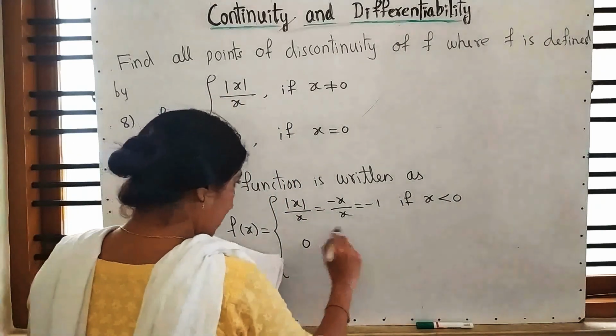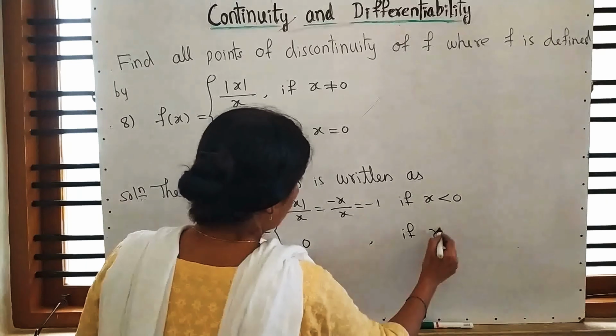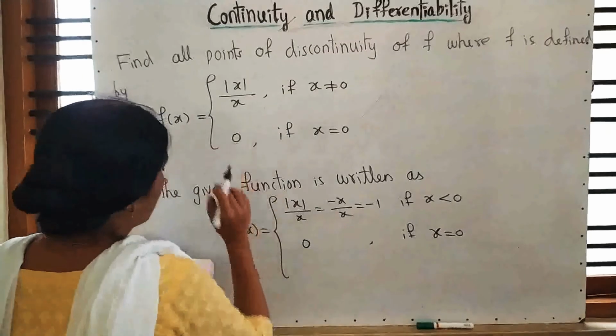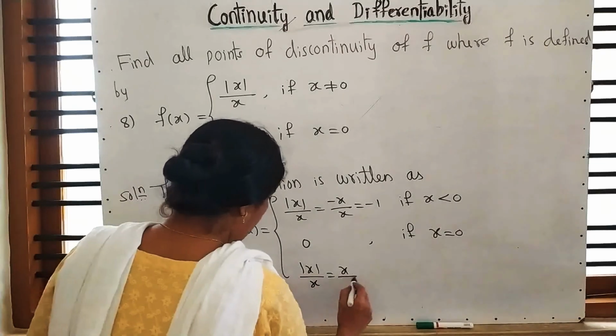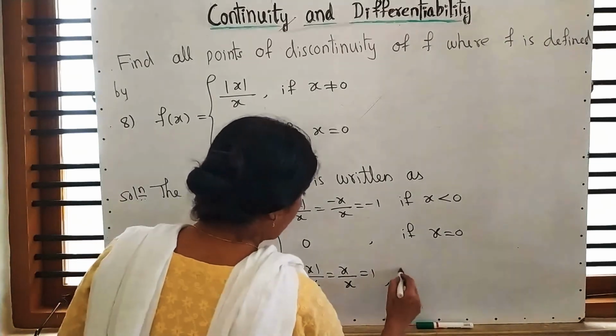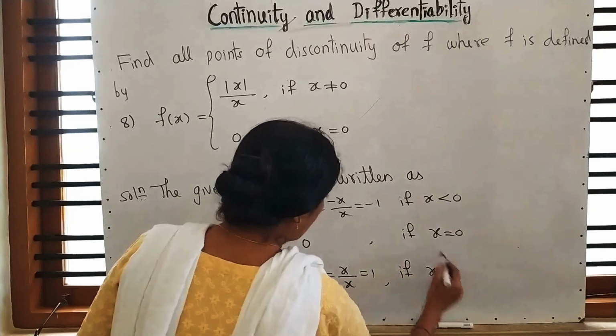And 0 if x is equal to 0, and mod x upon x is nothing but x upon x is equal to 1 if x is greater than 0.